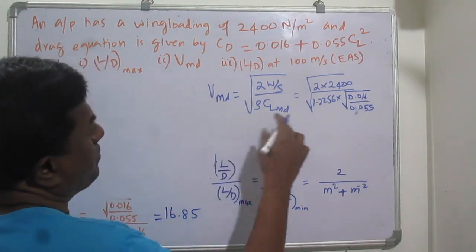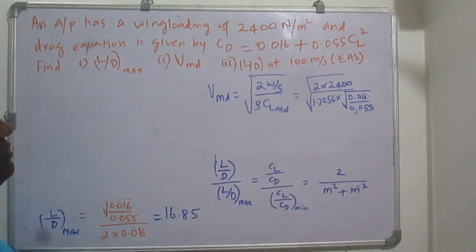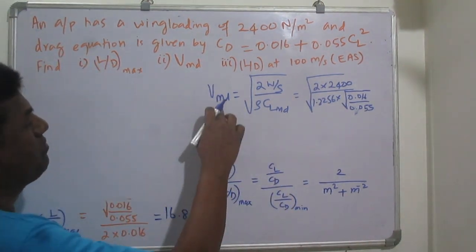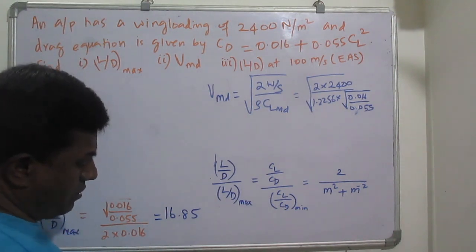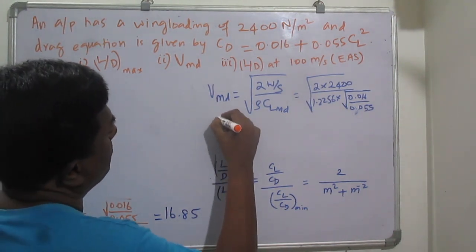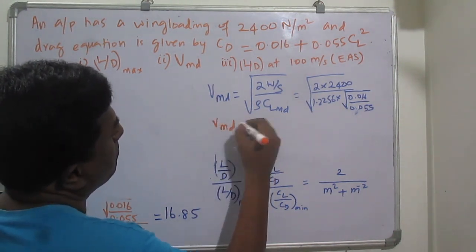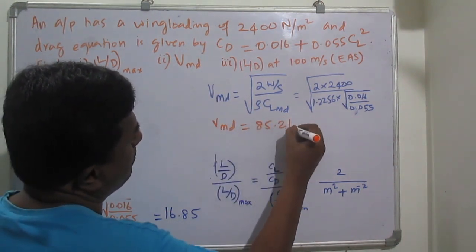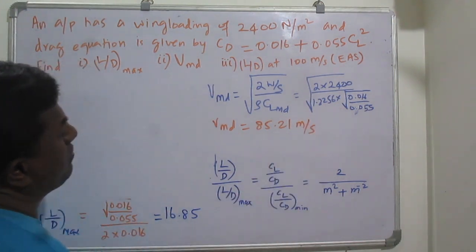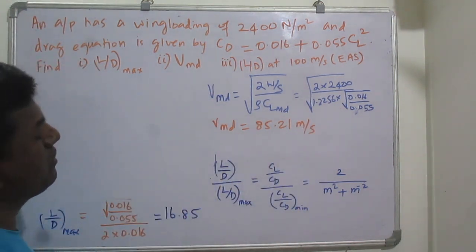So after doing the calculation, the minimum velocity at the minimum drag condition comes around 85.21 meter per second. So now we got the minimum drag velocity.